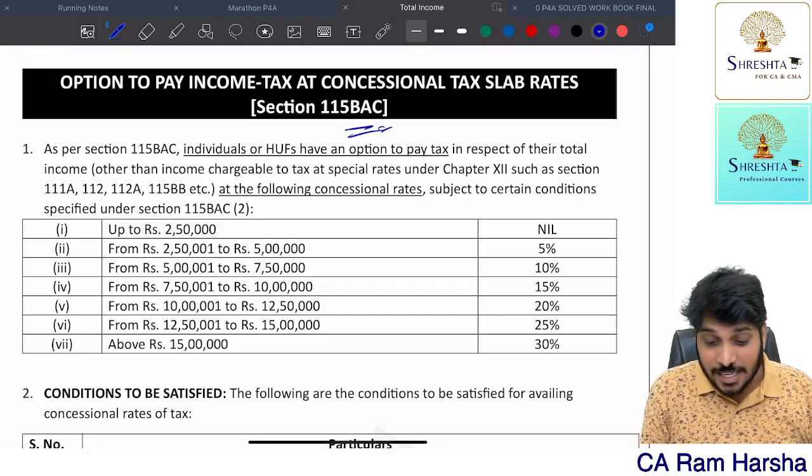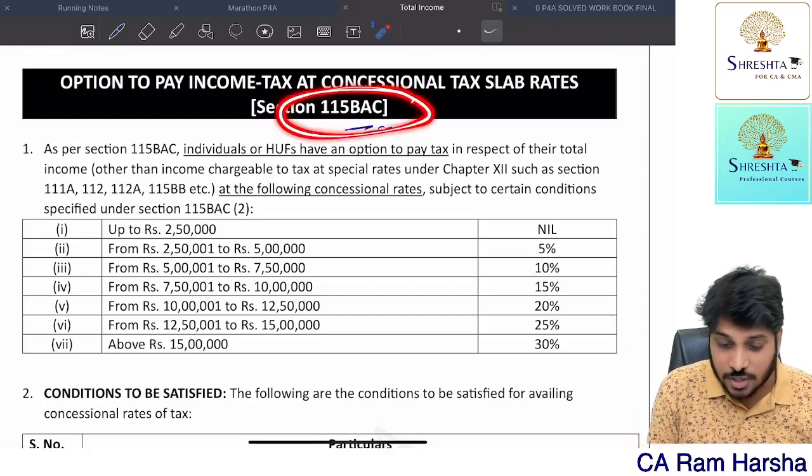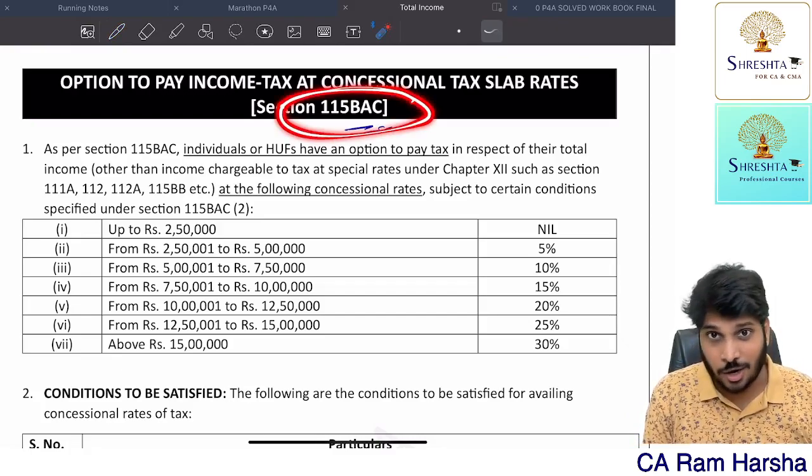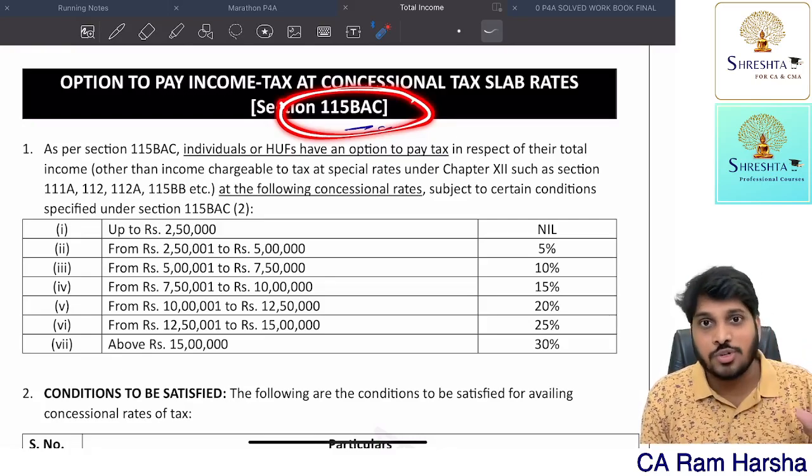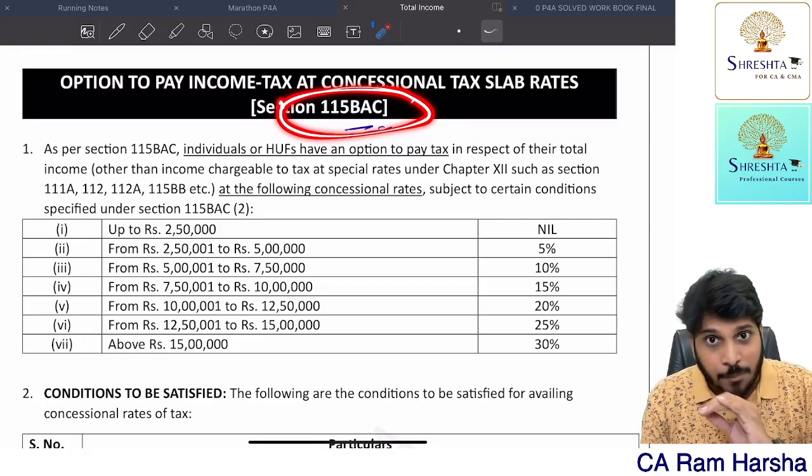Accordingly, if the assessee has not chosen this optional tax rate, the computation rules will be different.